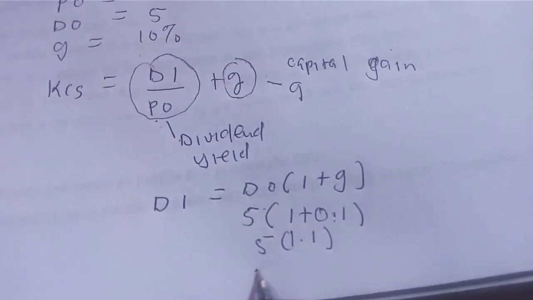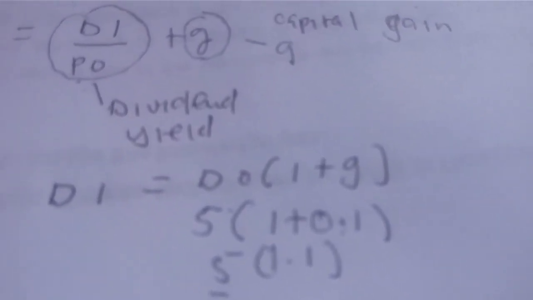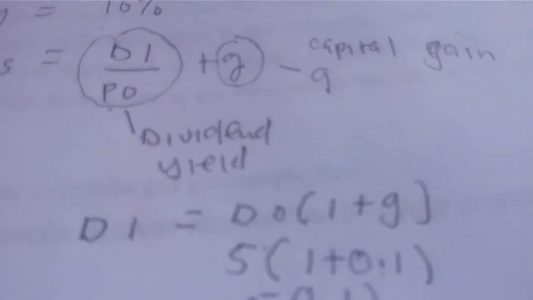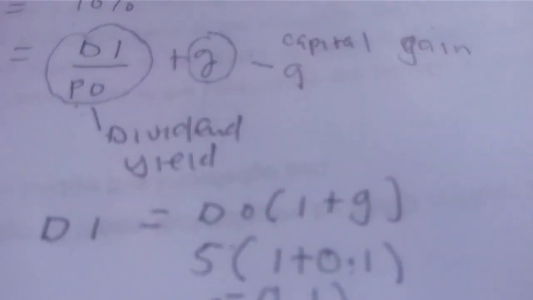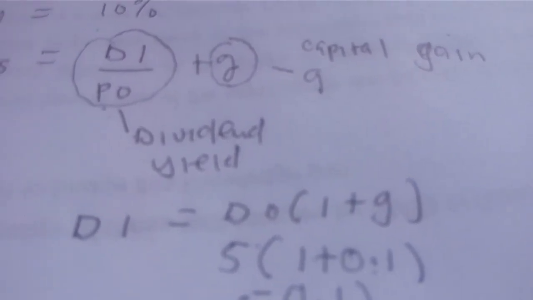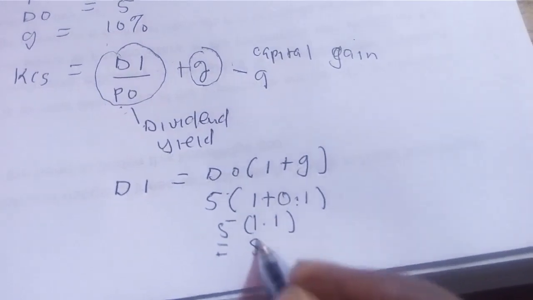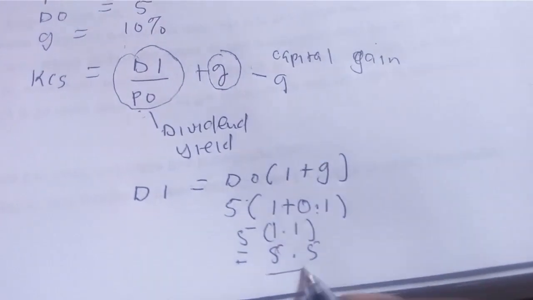Then 1.1 times 5 is 5.5. So our D1 is 5.5.